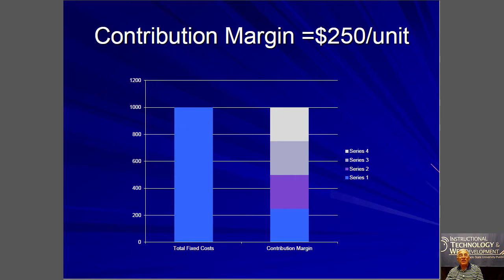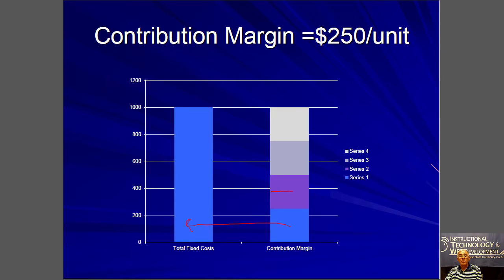Let's say, just for the sake of this graph, that your product is a car, or let's say a living room furniture set, and your contribution margin is $250 a unit. The first unit you sell will pay off $250 of fixed costs.